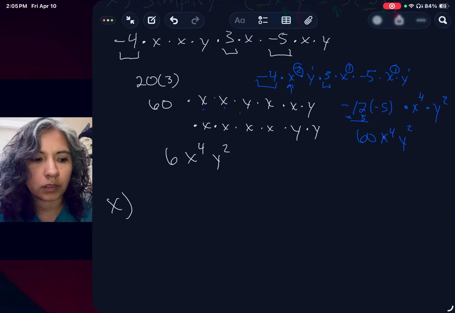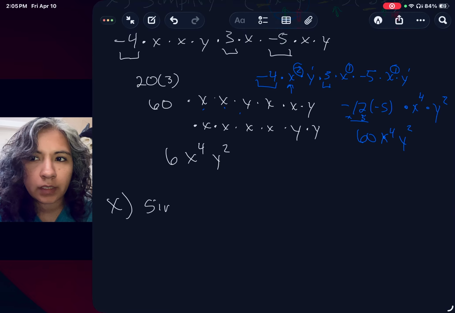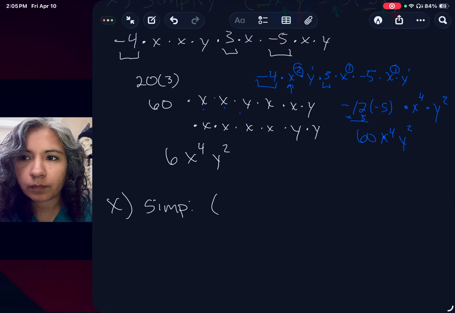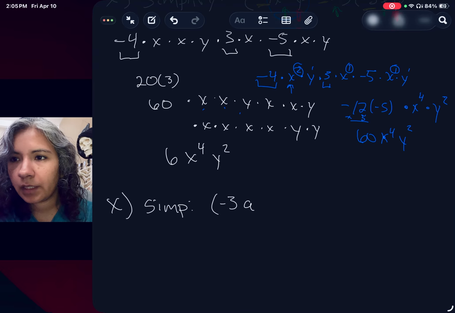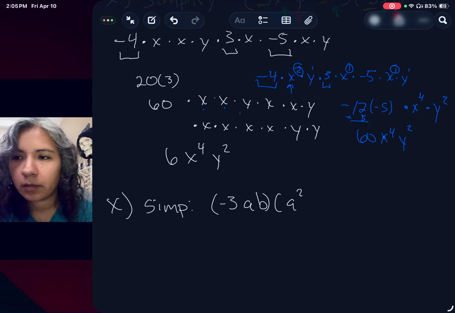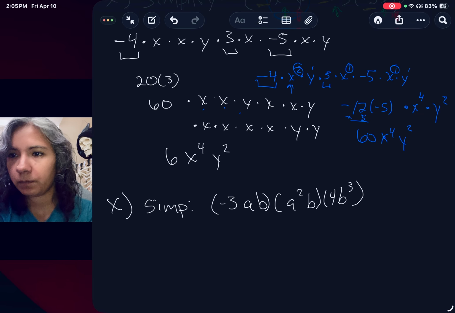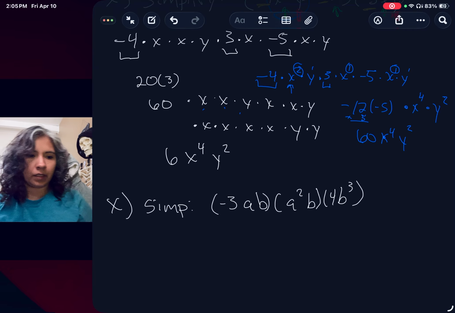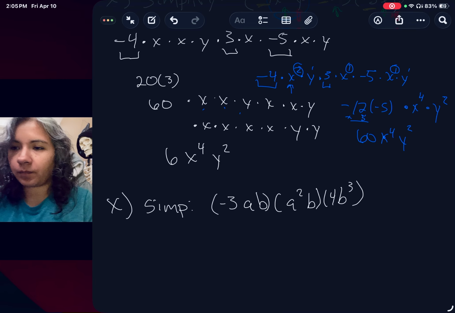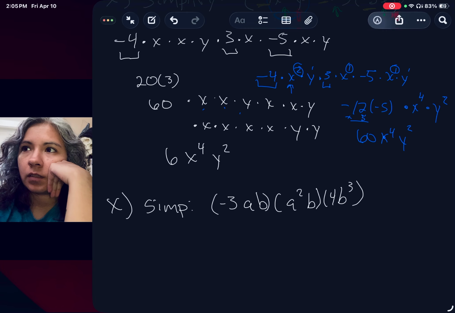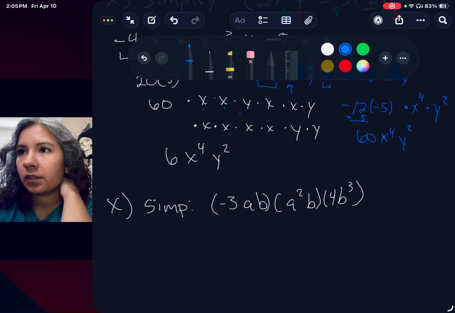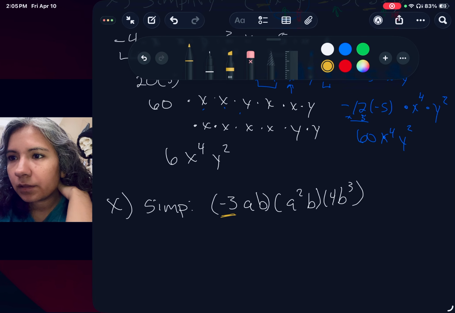So now let's do this. Simplify negative 3ab times a squared b times 4b. Excuse me. Okay, so our coefficients are going to be 3, our ninja 1, and 4.